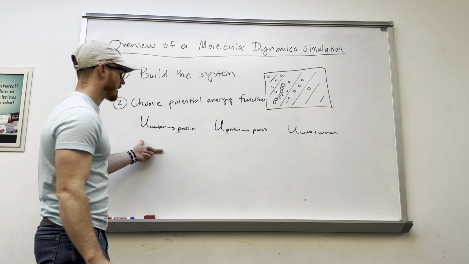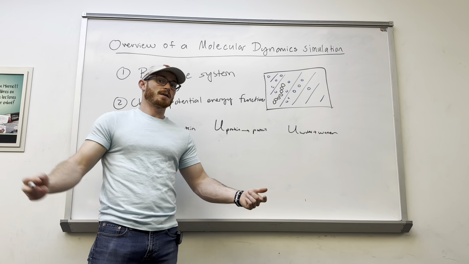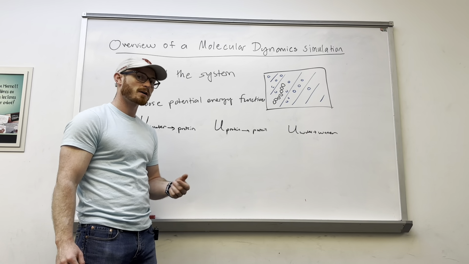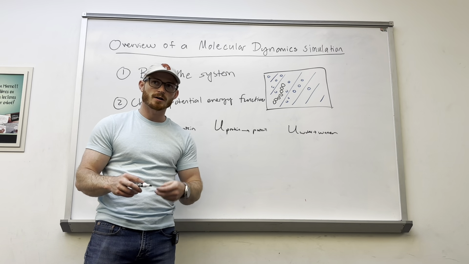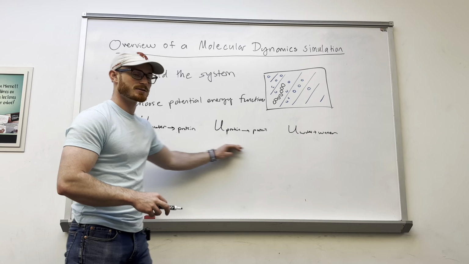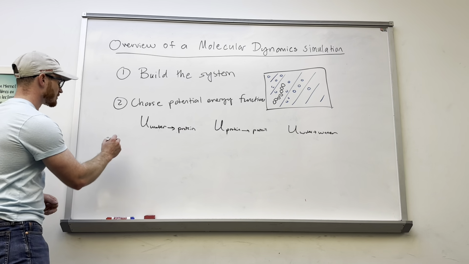And these are very generic. Depending on the simulation, we need to know how the bonds in the protein work, how the bonds in the water work, how the non-bonded terms work, and how the particles are going to twist and bend. So there's a lot that goes into defining these potential energy functions.